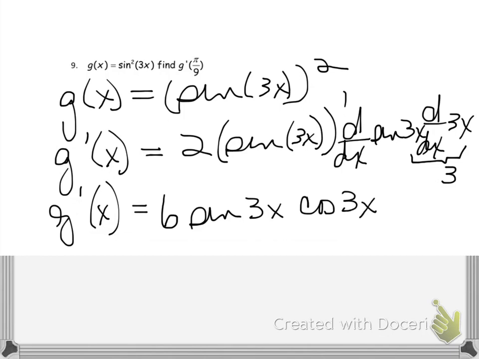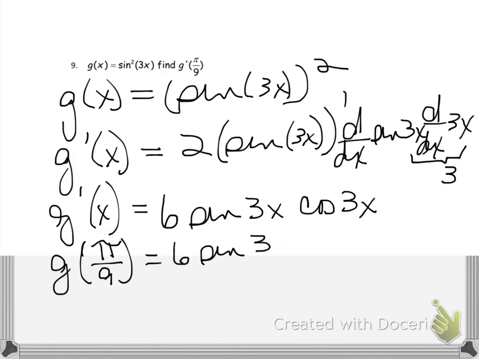So I'm going to have two trig functions, sine 3x and cosine 3x. Alright, I'm not done because they would like me to evaluate this function at the angle of pi over 9. Now, don't panic, just like last time, nice things will happen when you plug this in. So look what's going to happen. And this is cosine of 3 pi over 9. Because you're going to plug in for x.